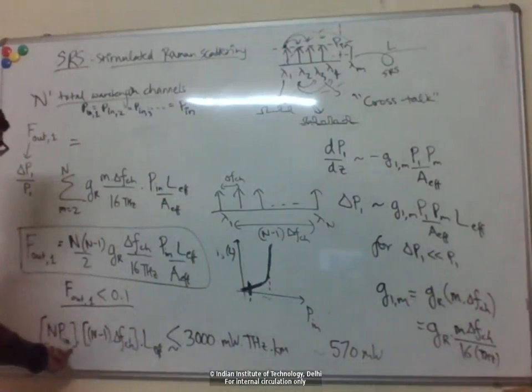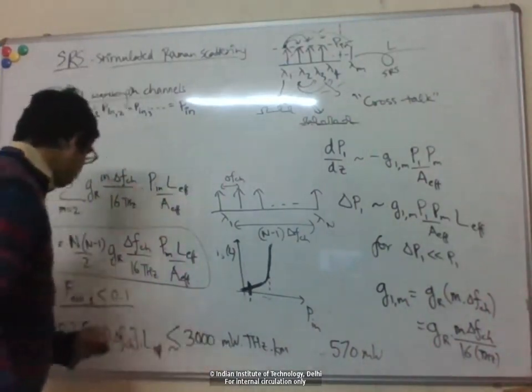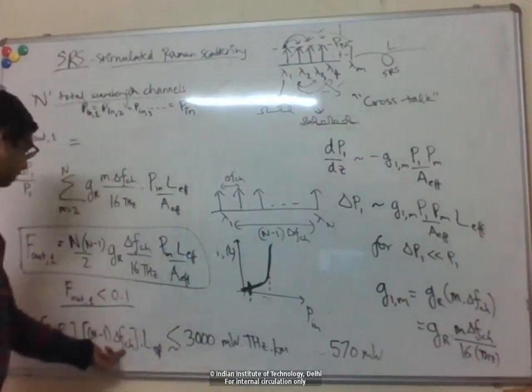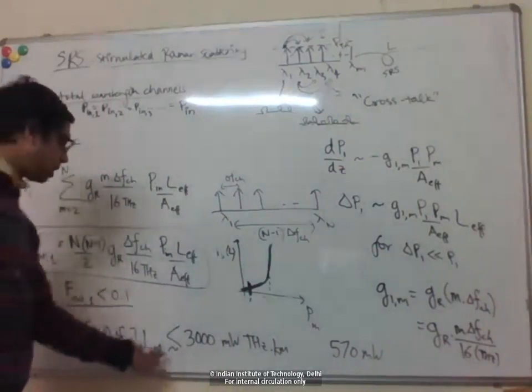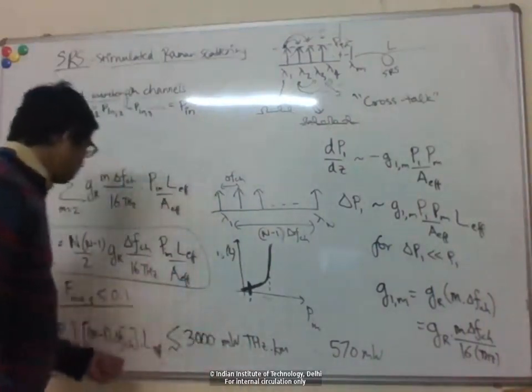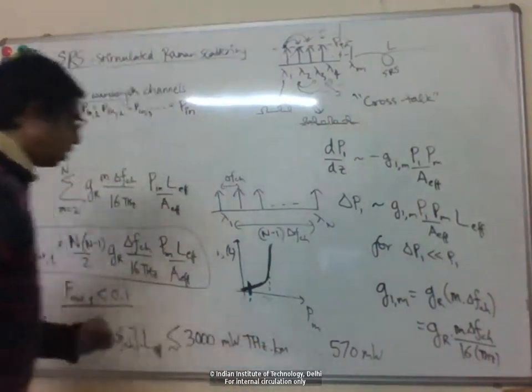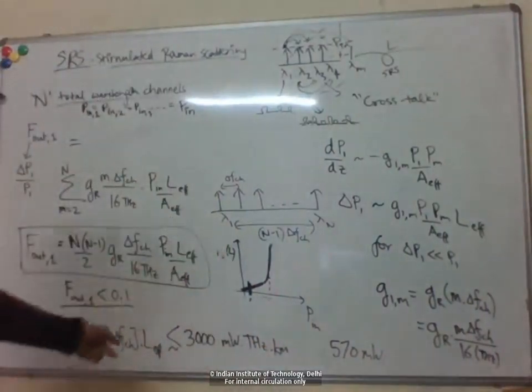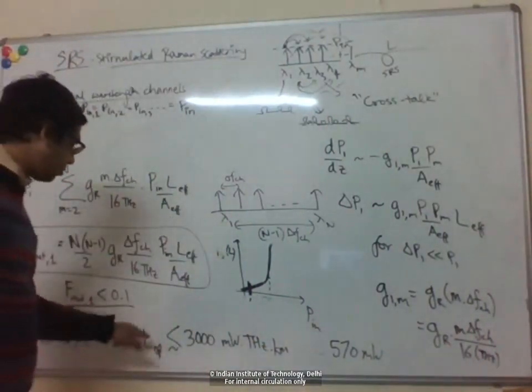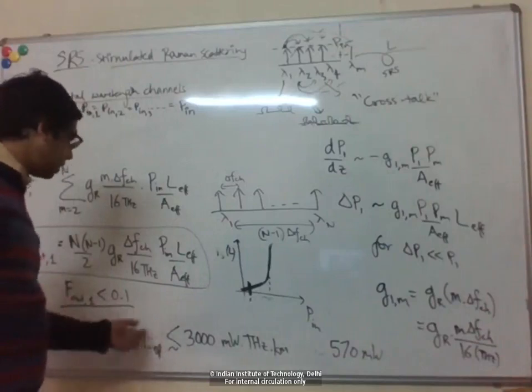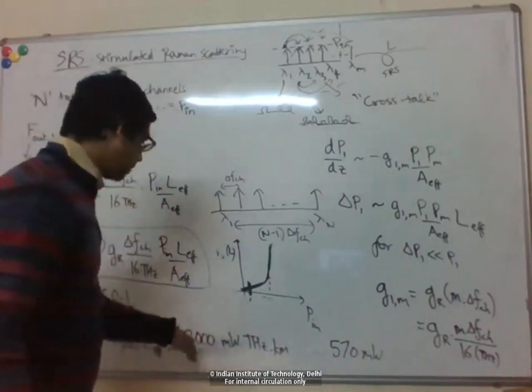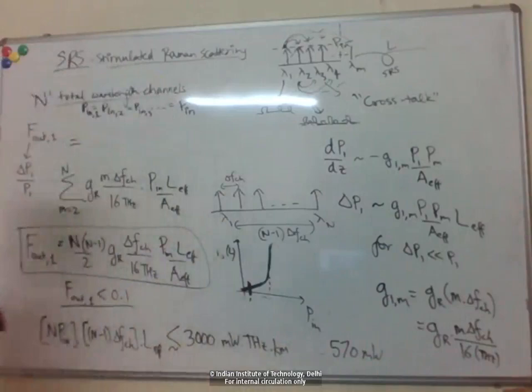So the first part here is power, n times P in, that gives me milliwatts here. This is the total bandwidth occupied by the WDM signal, so that gives me the bandwidth, terahertz, and then length. Again, for long links, L effective we can just replace by 1 over alpha. So that will be 20 kilometers here. So then this kilometer, I just divide by 20 and the kilometer goes away.